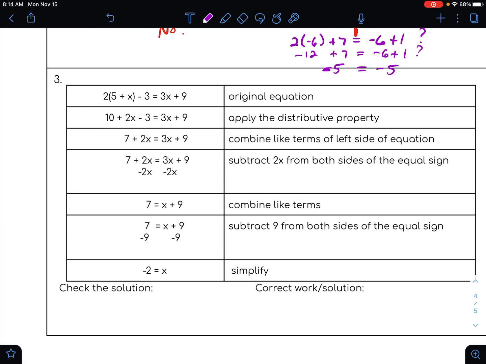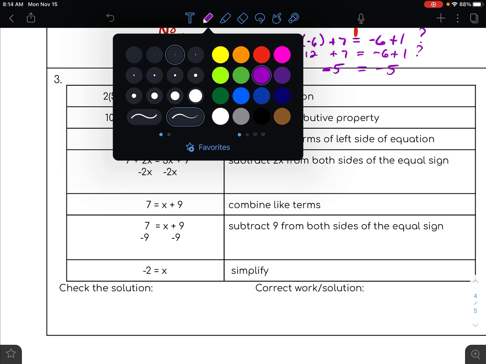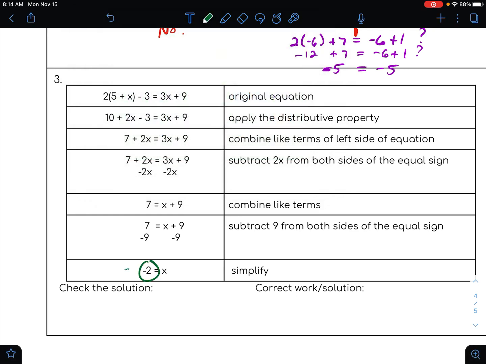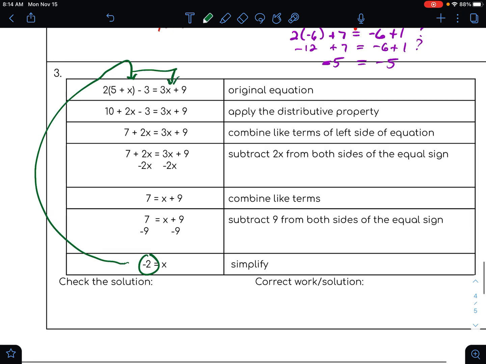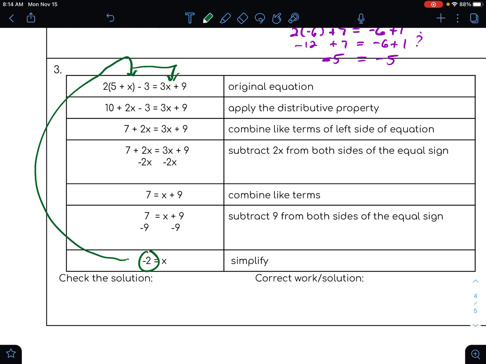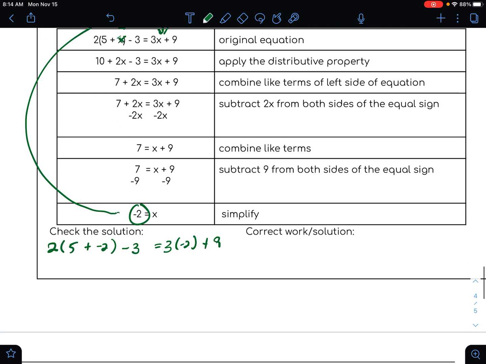All right, we got another big equation here. Let's see if we can figure out first if the answer is correct by substituting that in for x before we go through and see if there are mistakes. So negative 2 is going to go in for x here. 2 times 5 plus negative 2, minus 3, is equal to 3 times negative 2 plus 9. 5 plus negative 2, in parentheses, is 3.